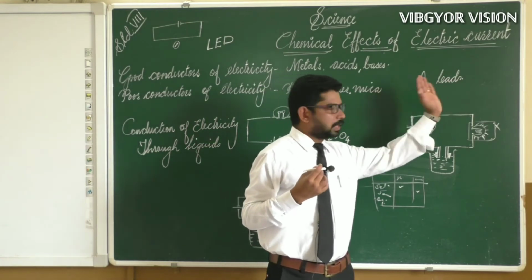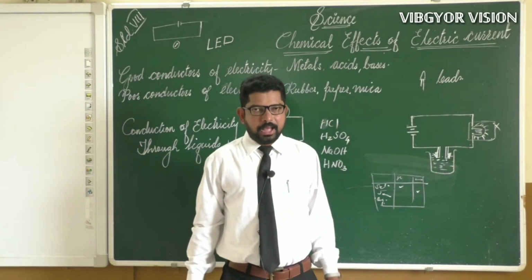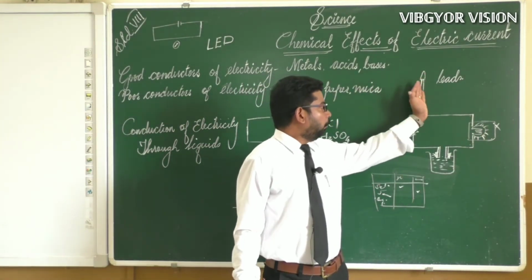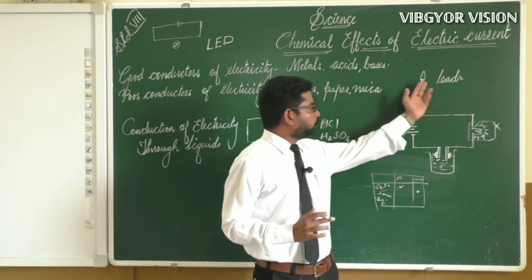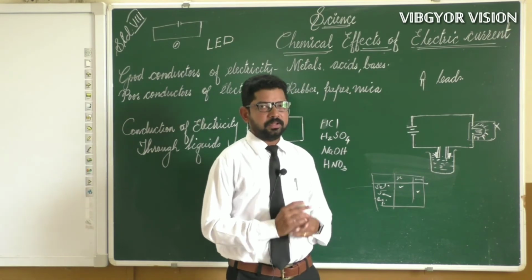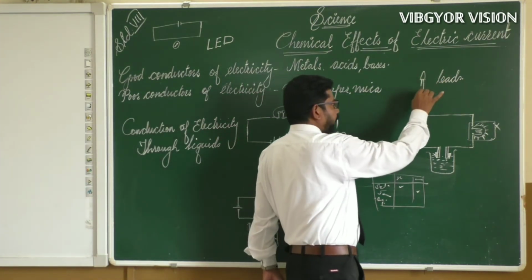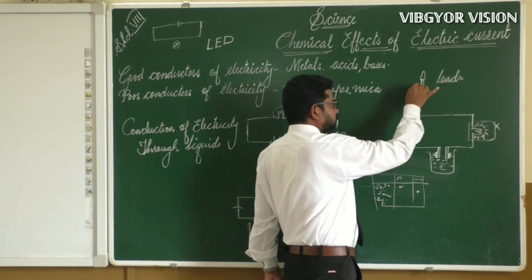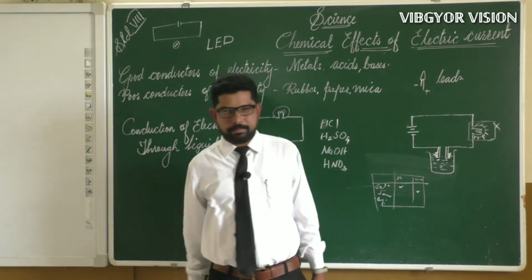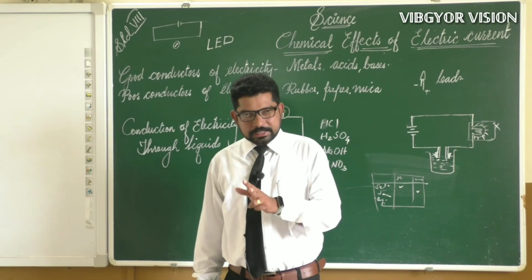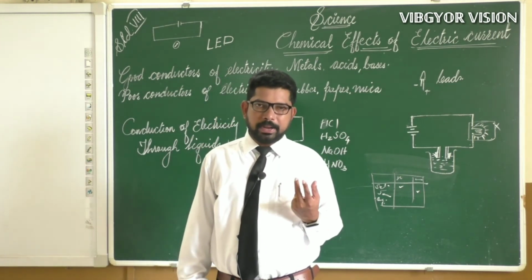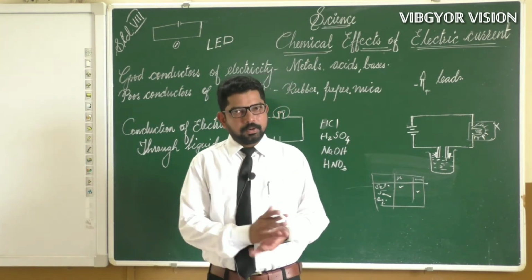And if you observe, one terminal is shorter and one is longer. Both are of different lengths. The longer one is the positive terminal and the shorter one is the negative terminal. Hope it is clear.